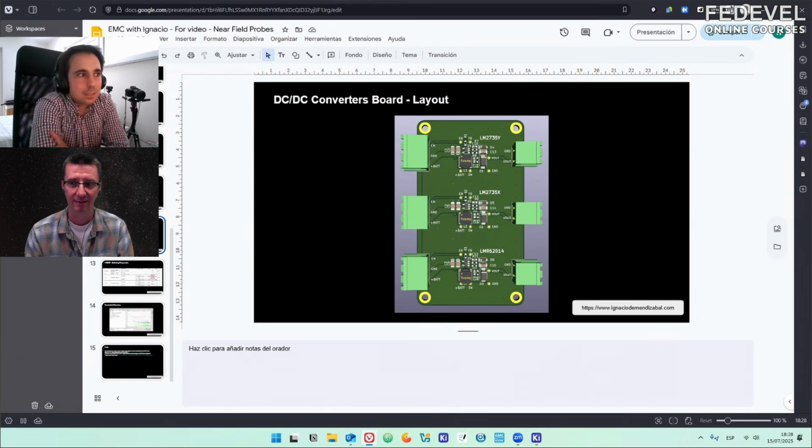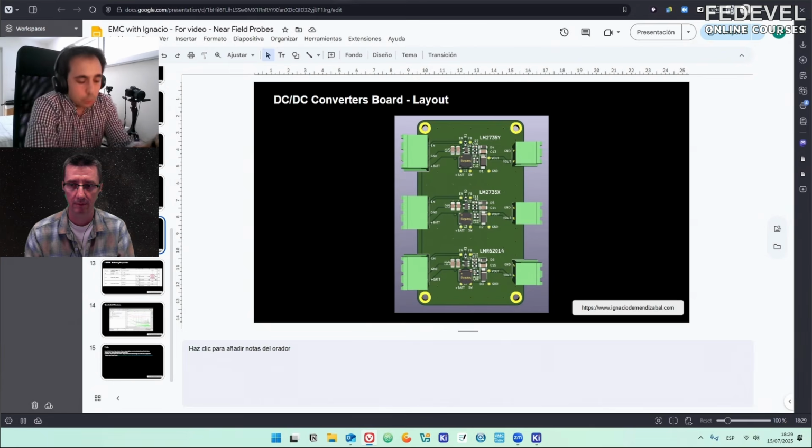Indeed, that's correct. So in an EMC lab, what you have is an anechoic chamber, and they place an antenna, normally at least 3 meters from the device. So from that moment, we're already talking about far field measurements. Here, what we measure is near field. So these two are related, and they are measured in different ways.